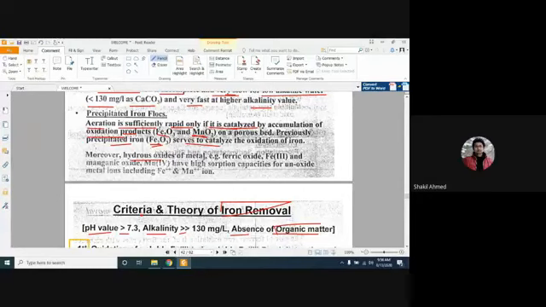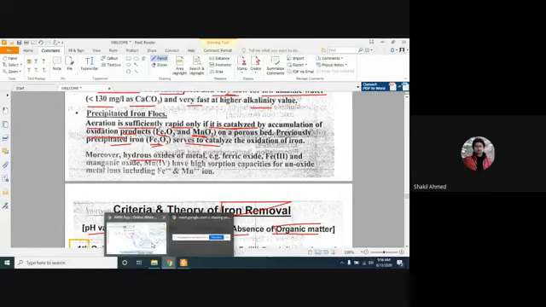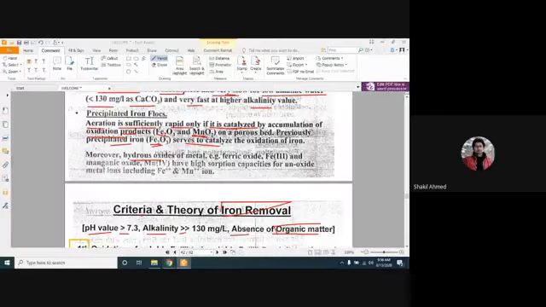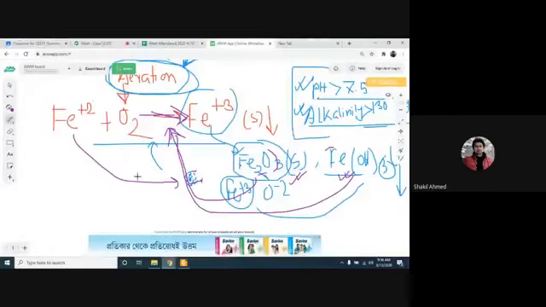And moreover, whatever I told you, that ferric oxide, they are solid, right? They have adsorption capacity. They can adsorb them. So that's also a way how they can increase the removal of iron from water.